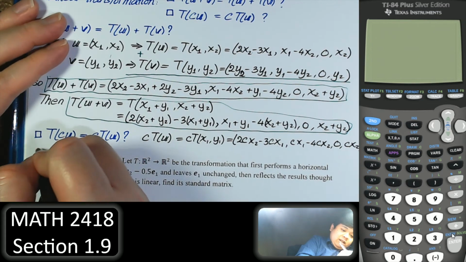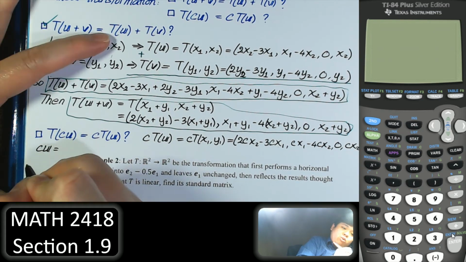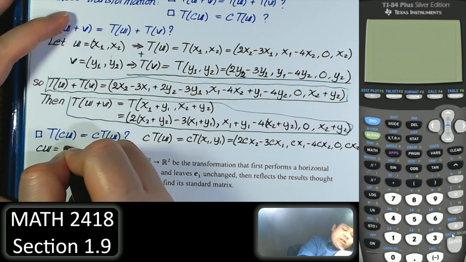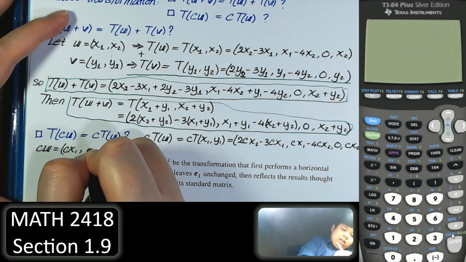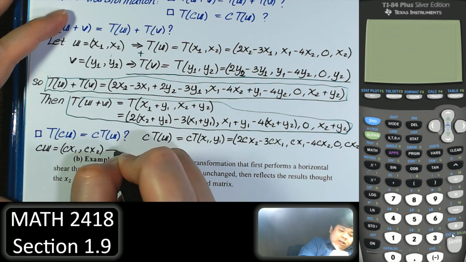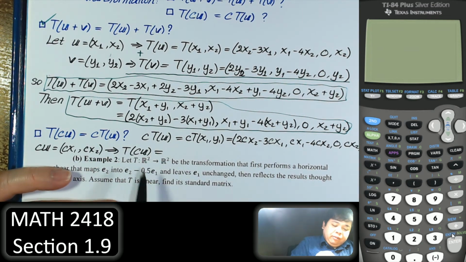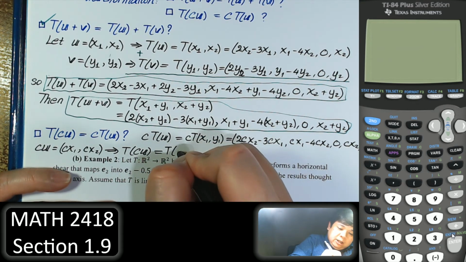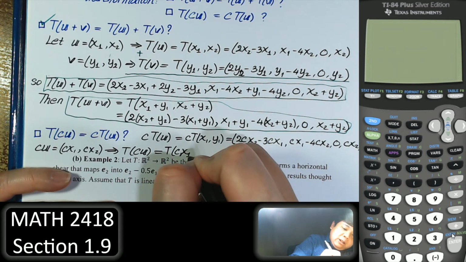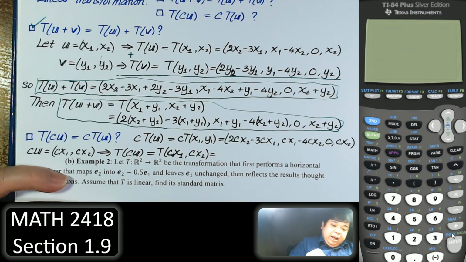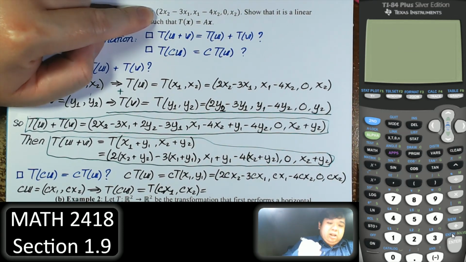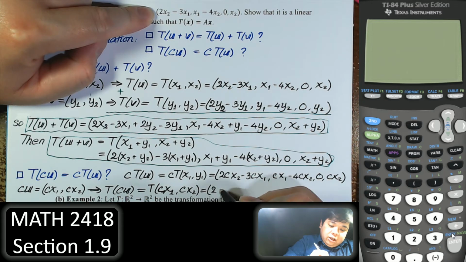Now the left hand side. c of u is c x1, c x2, and then the transformation of cu equal to, with c x1, c x2. And now look at the formula here. 2 times the second component, minus 3 times the first component.